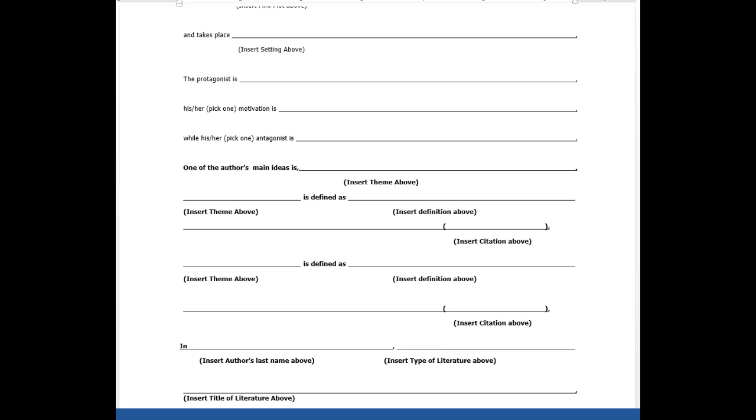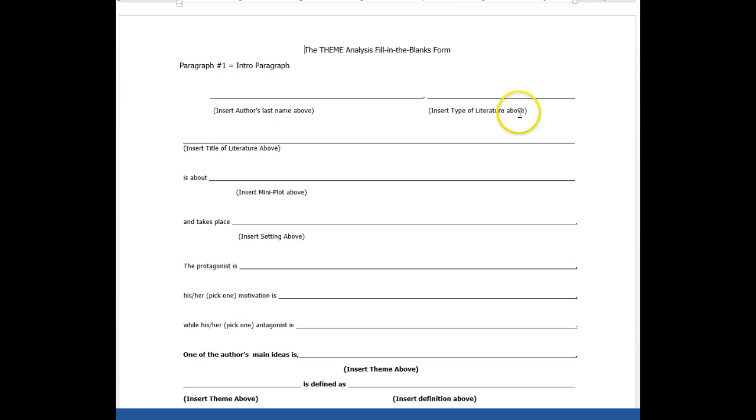This is available to you in the learning module. It's also available to you on the other side in the writing do's and don'ts section of our class. This is a fill-in-the-blank analysis form for the intro paragraph for a theme analysis.